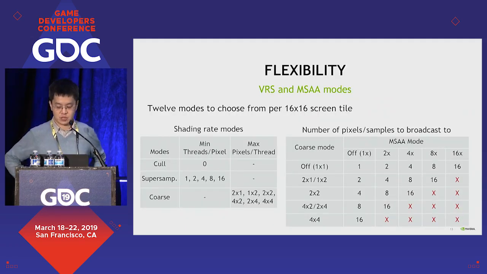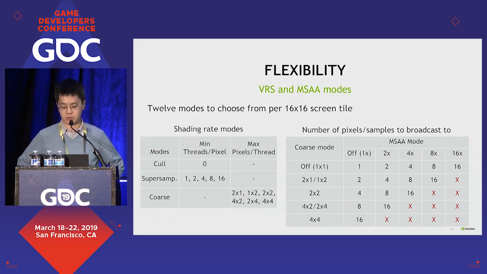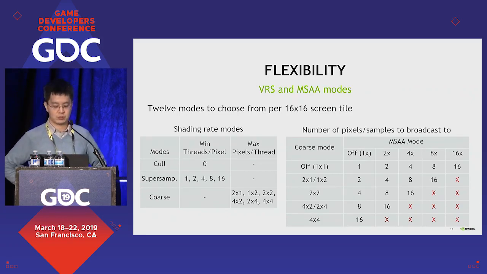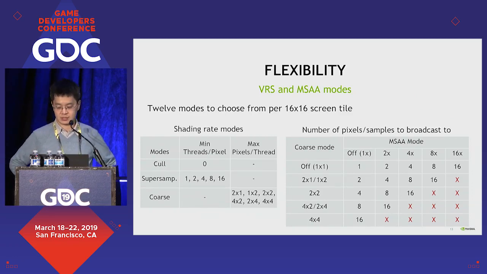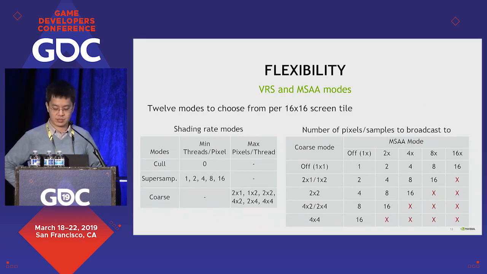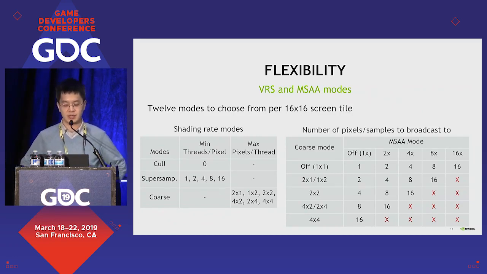Here on the left, I'm showing the 12 modes that we support. So you can choose between 2 to 16x super sampling to 2 to 16x coarse shading. There's also a mode to tell the rasterizer to cull the geometry in the tile. Note there is a limit of 16 pixels per sample that a shading result can be broadcast to.